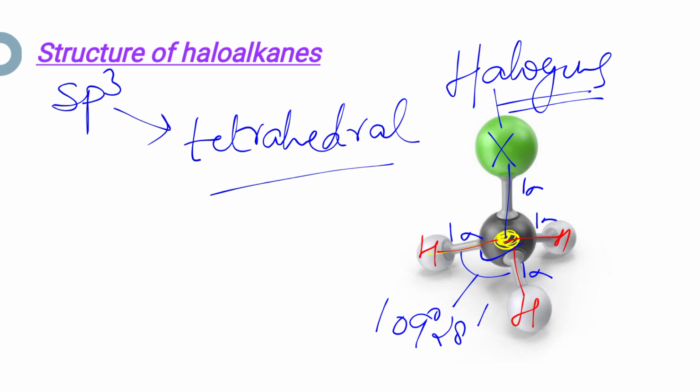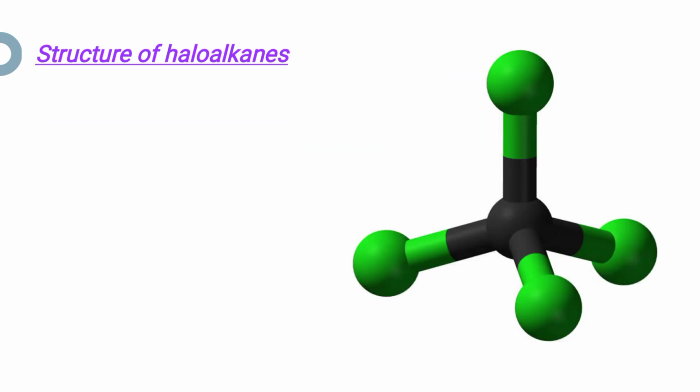So mostly all the haloalkane compounds which are directly connected to the single bonded carbon chain are of sp3 hybridization, show tetrahedral geometry, and form a bond angle of 109 degree 28 minute. This is the basic structure.